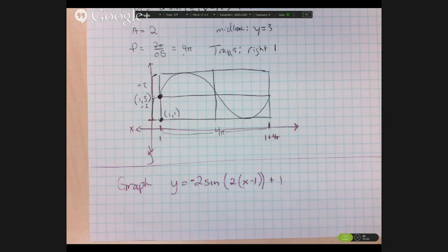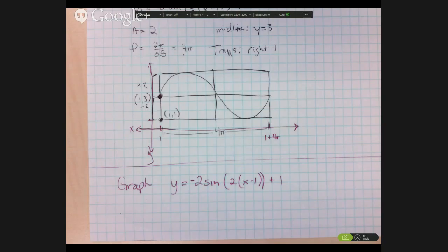In your case, this is 1, right? What's the amplitude? Nope, 2. So 1 minus 2 is... 1 minus 2 is -1. So your bottom corner is (1, -1).